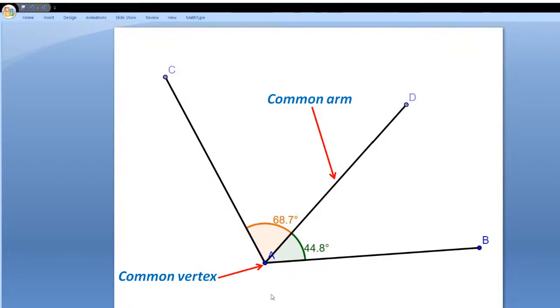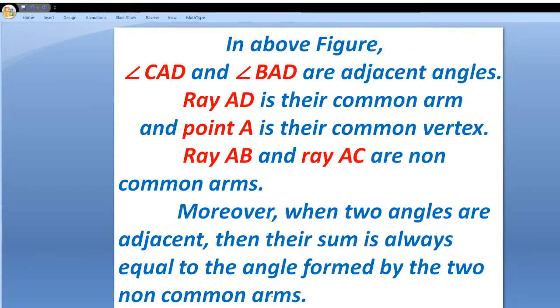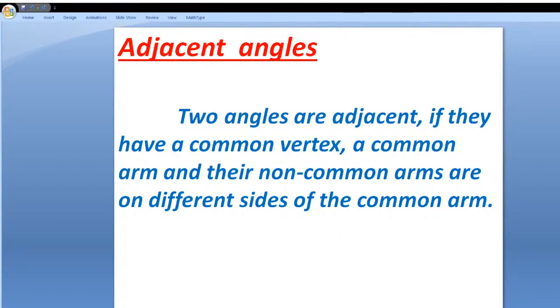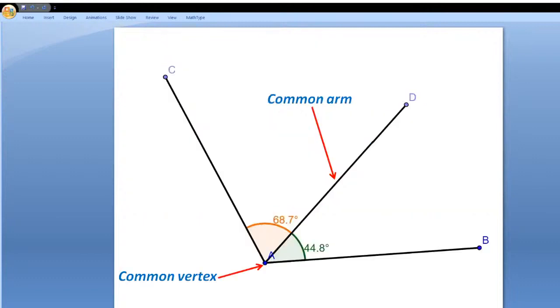Ray AB and ray AC are non-common arms. The third condition is also important: the non-common arms are on different sides of the common arm.